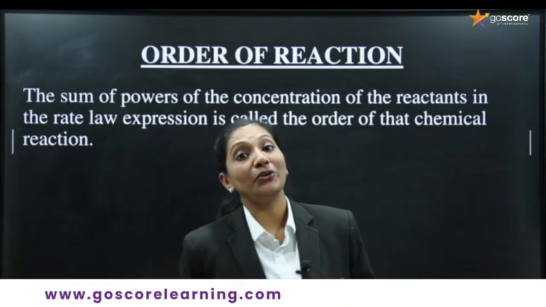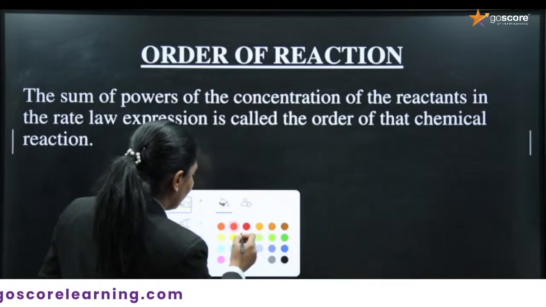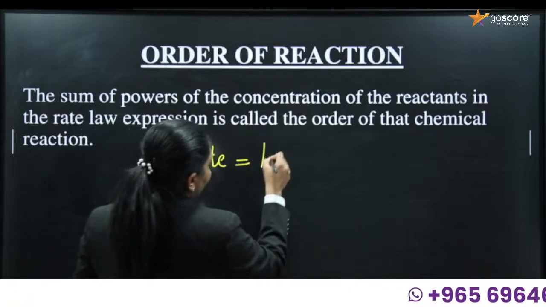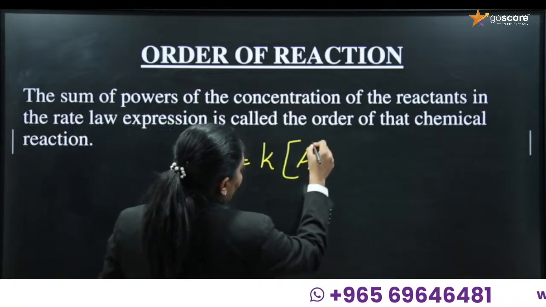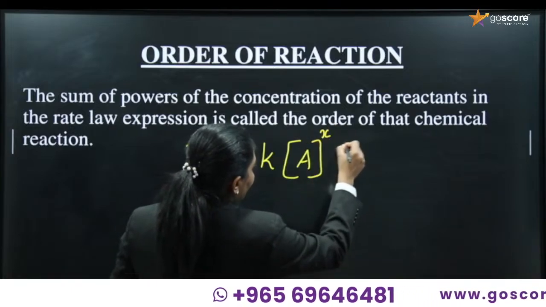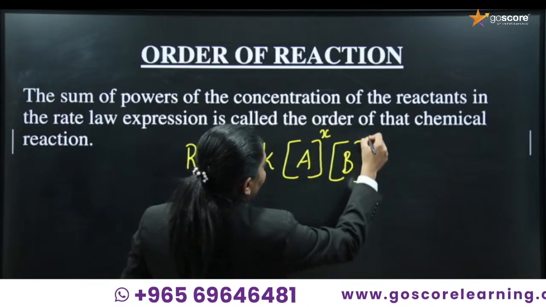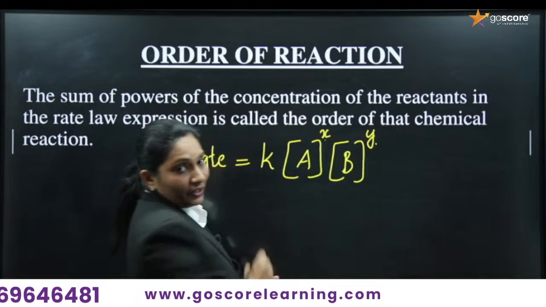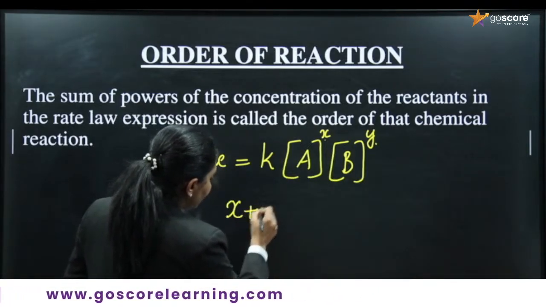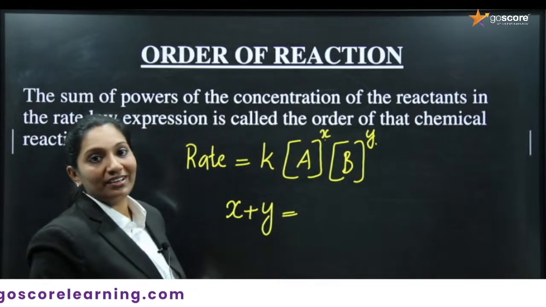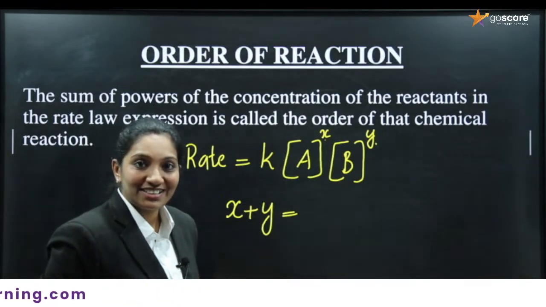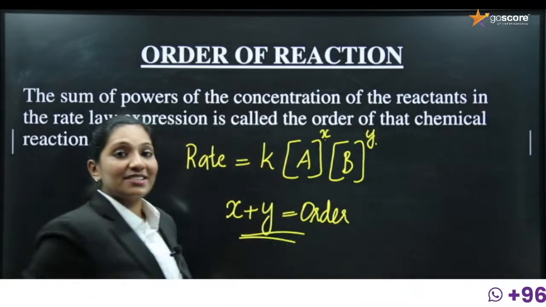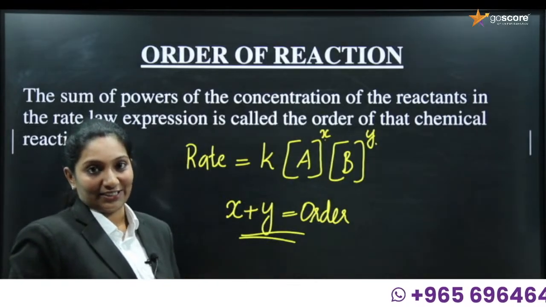Now see order of a reaction. What do we write in the rate law equation? Rate is equal to rate constant K into concentration of A raised to exponent X and B raised to exponent Y. If you add these exponents, X plus Y, the sum of these exponents is the order of that reaction. Order of reaction is nothing but the sum of the exponents in the rate law.